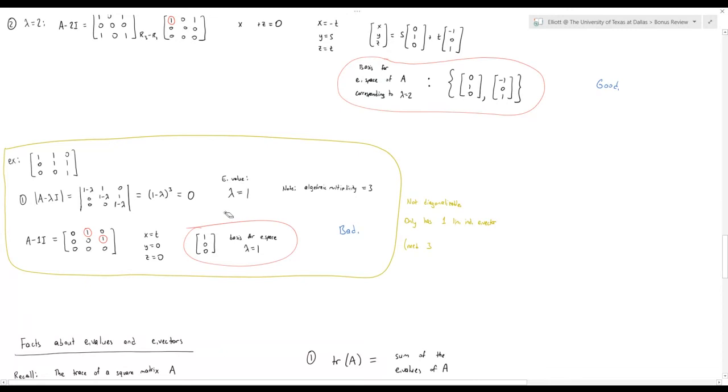Once we got the eigenvalue, you want to look at the null space of A minus lambda I to get the eigenspace. So I took A minus lambda I and plugged in 1 for lambda. That's how we got this matrix with zeros on the diagonal now. Whatever your eigenvalues are, you want to take each of them and plug them in for lambda. Here I plugged in 1 because 1 was the eigenvalue.